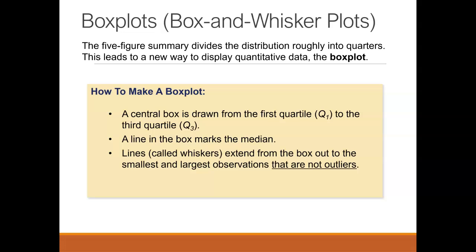And then we draw a line, that's our whisker, out to the min and max values that are not outliers. The outliers we mark with a special mark, like an asterisk or a star. Everybody's cool? So far, so good? Let's do an example.